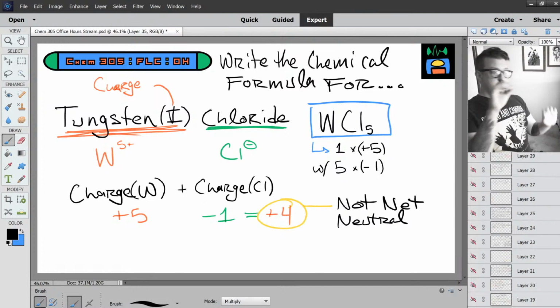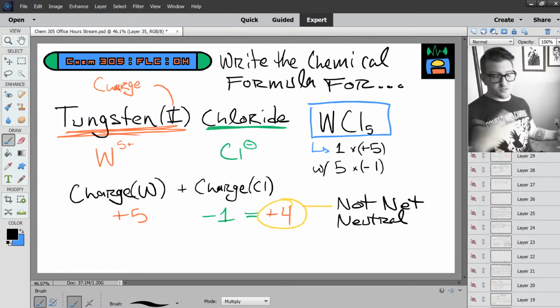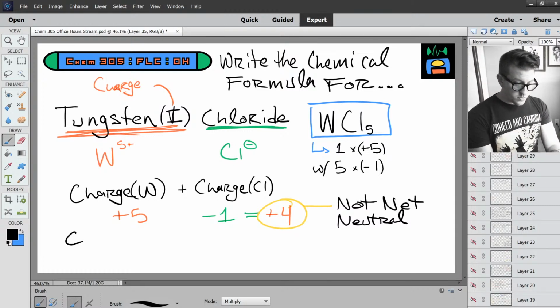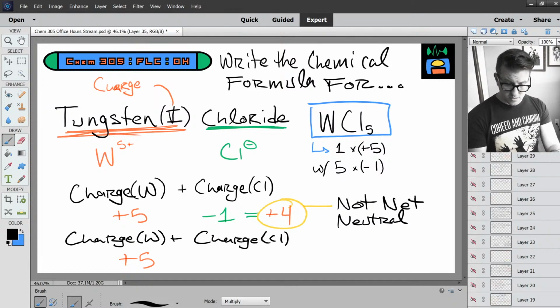We need the total charge of all the positives plus all the negatives to be 0. So what do we have to do to make sure the positives and negatives cancel? Well, our +5 isn't going anywhere. That's just stuck there. So that means we need more -1s. Specifically, we need 5.